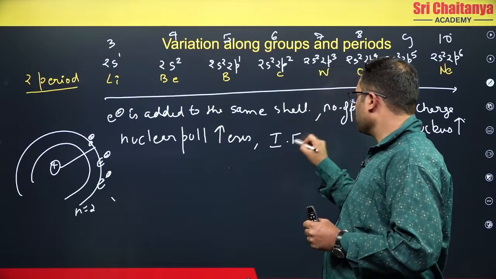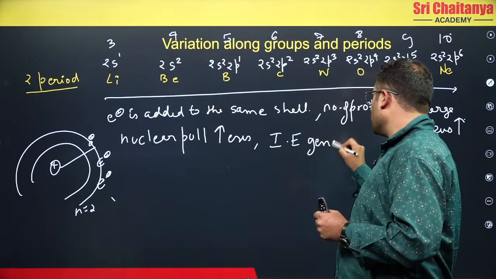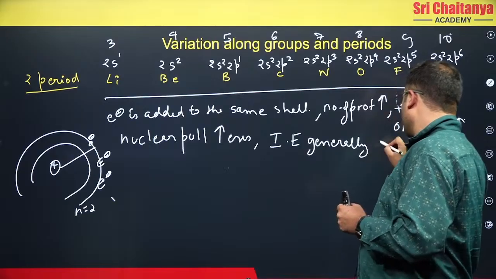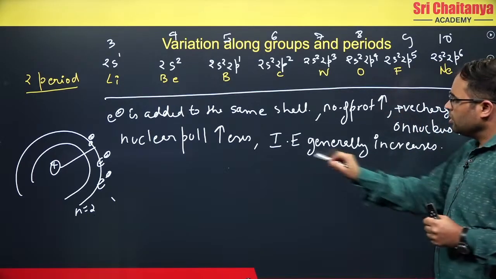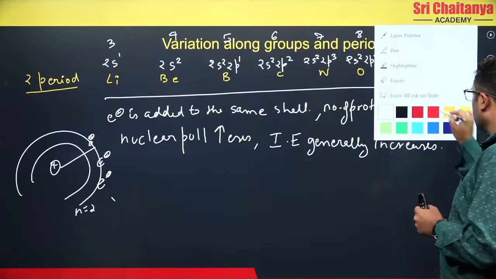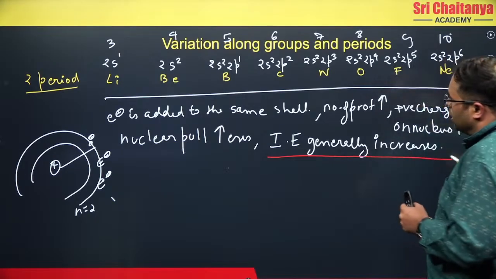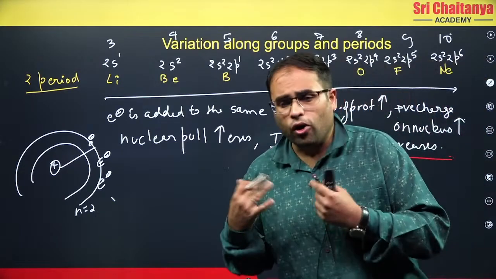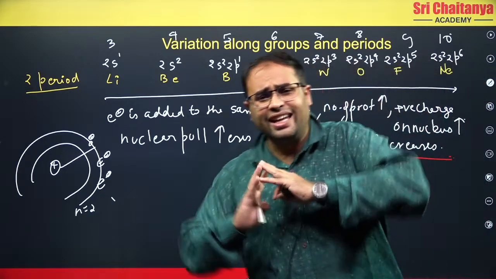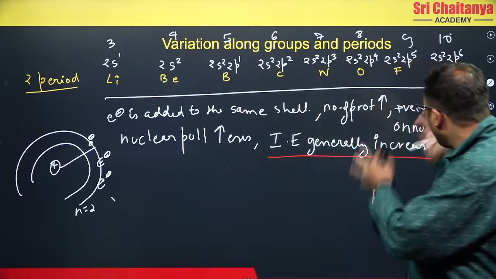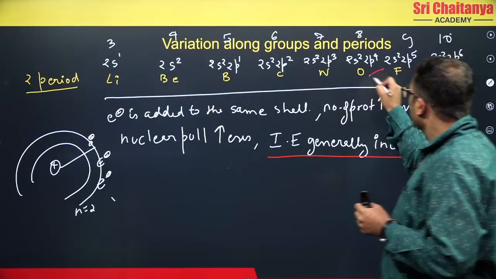Ionization energy, one word I am writing here, generally increases. Why I wrote generally? You will understand. So, the order of ionization energy generally without any anomaly or any disturbance should be like this.